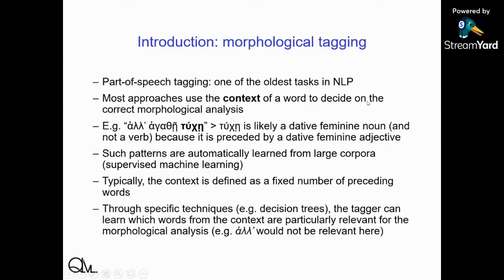And there are some techniques that have been developed so that these part of speech taggers know which parts of the context are useful to look at. So, for example, in the example on the slide, it's very clear that agatai is much more useful to define the part of speech of tuchei than al, for example.